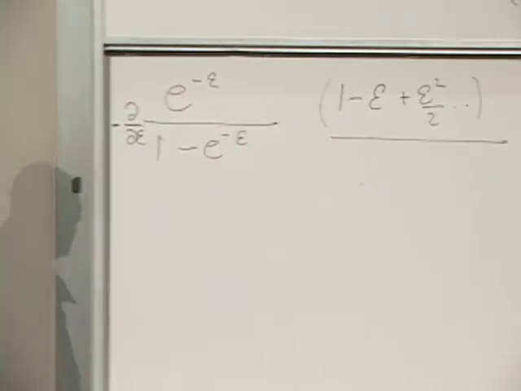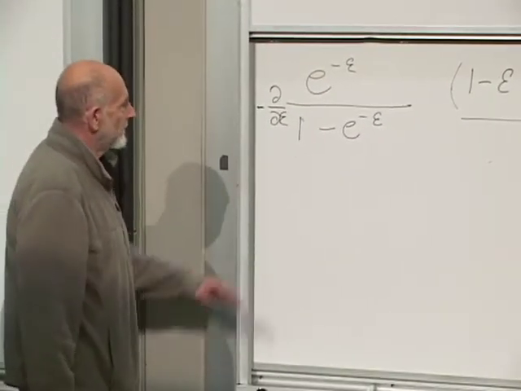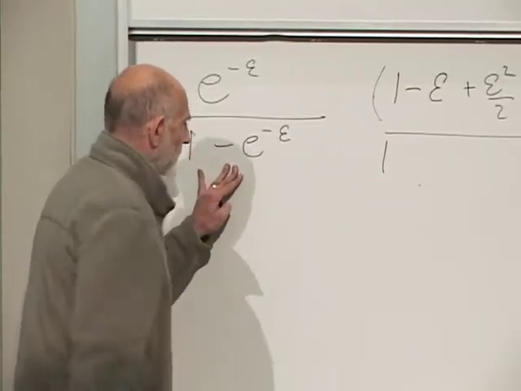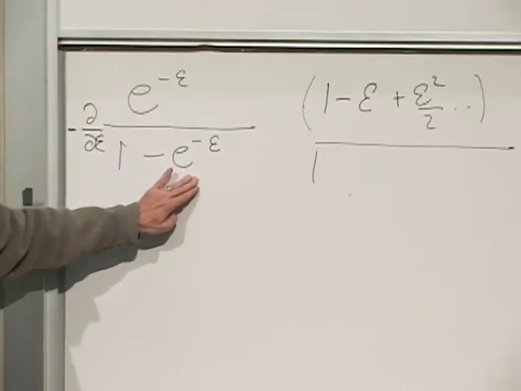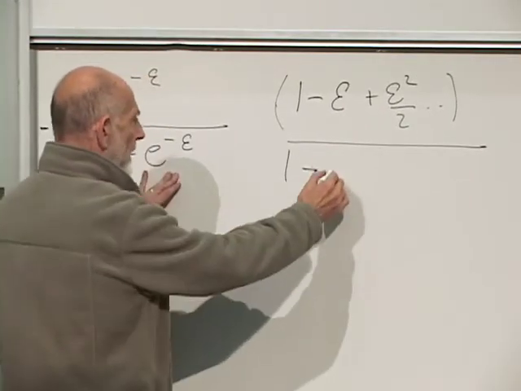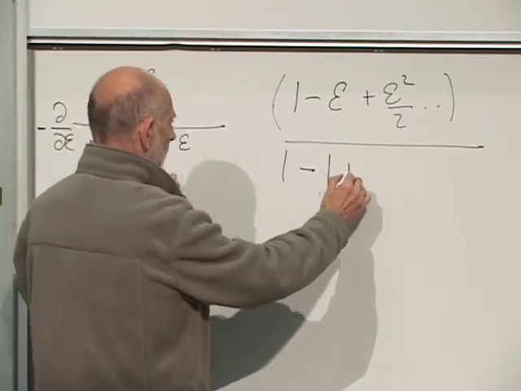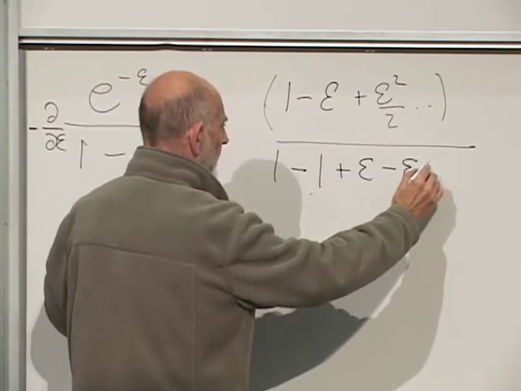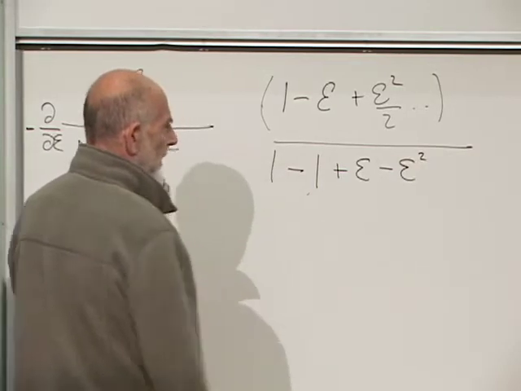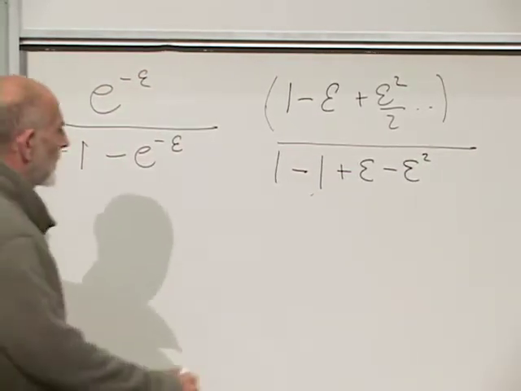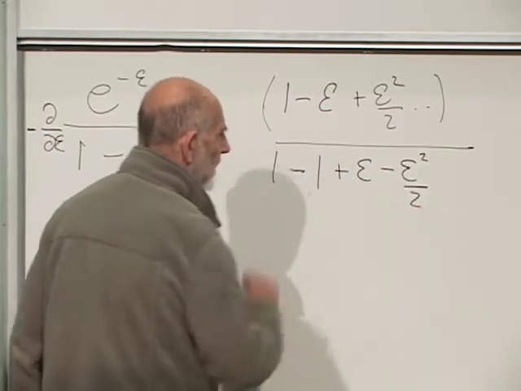What's in the denominator? We have 1 minus e to the minus epsilon. I think it's plus epsilon minus epsilon squared over 2, right? And let's go to the next one. I think we're going to need the next one, as you'll see. What's the next one?